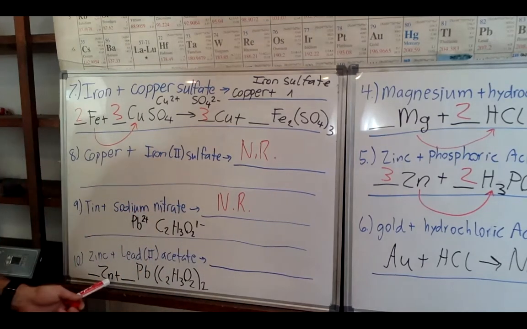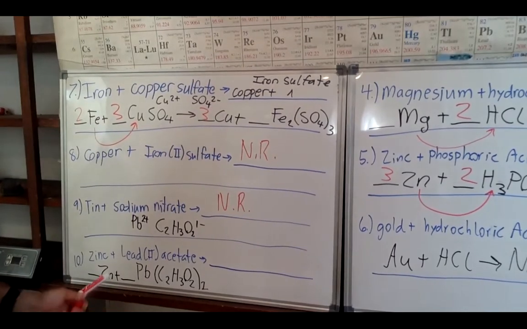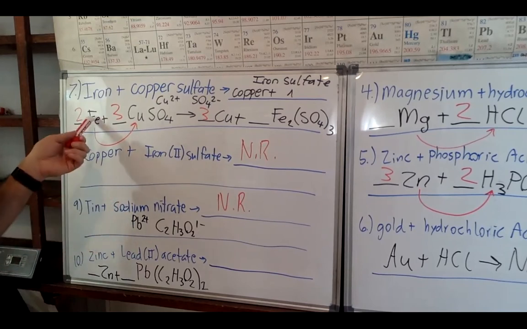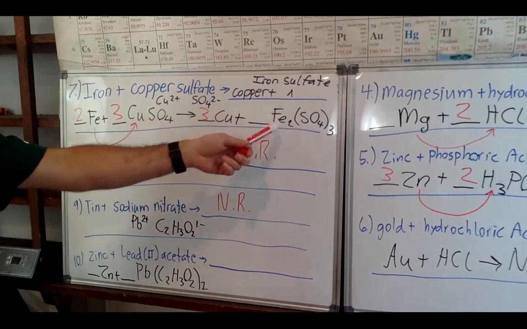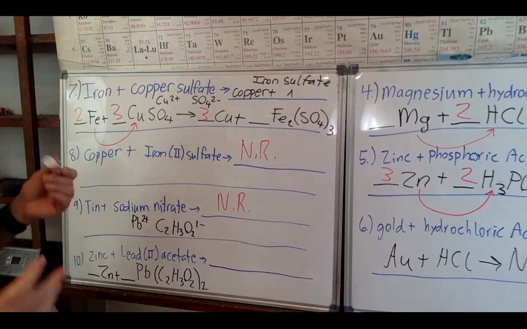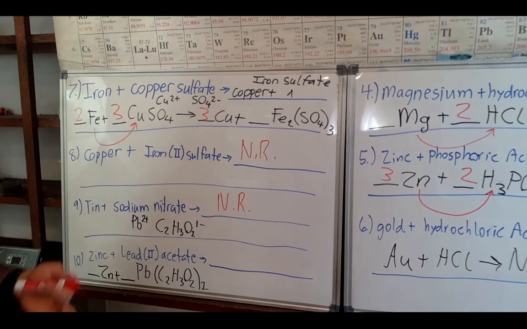Now you're probably wondering, now that I'm thinking about it, why don't you have the charges on the metals when they're by themselves? How come the charge only shows up later when it's combined in the compound? And that's because the charges are developed by making the compound. This is zinc metal, meaning that it has not been reacted. It's just a big chunk of zinc metal, and that's all that it is.